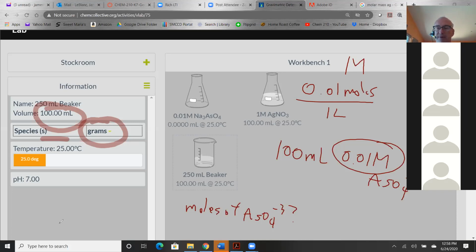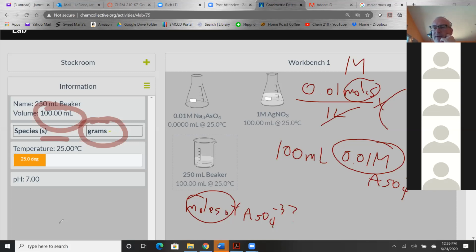So what am I going to multiply that by so that at the end I get moles? What do I multiply this by to get moles out? 1 liter over the molar mass of arsenic. No, I just want to multiply that by something so I can cancel out liters and leave me with moles. 1 over 1,000.